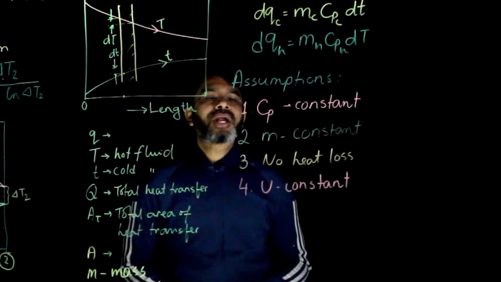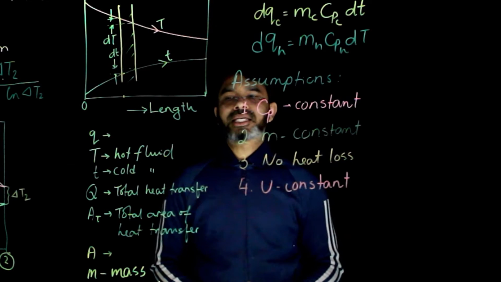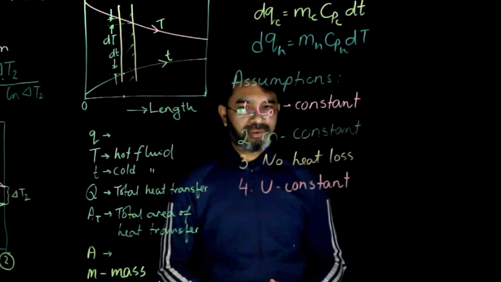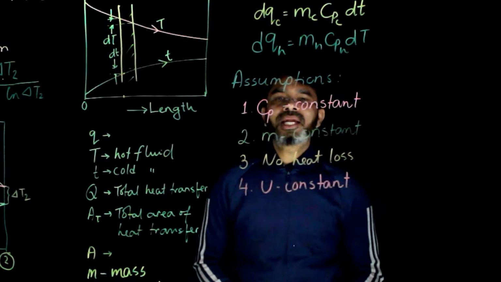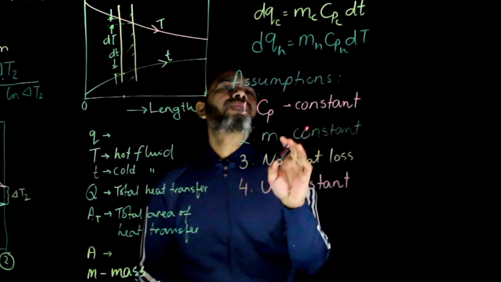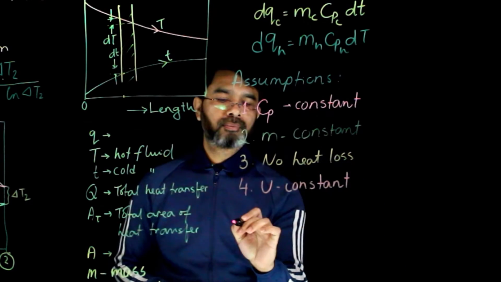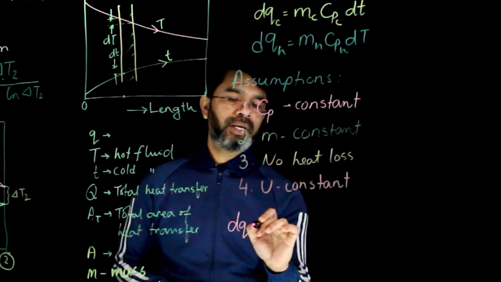So these are the four assumptions made in deriving the expression for the log mean temperature difference. So what do these four assumptions really mean? Now from the third assumption, we get dq.